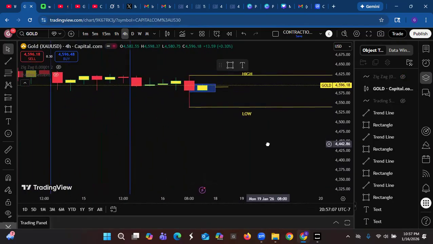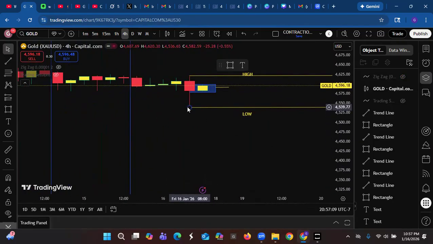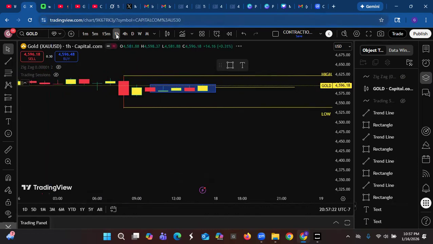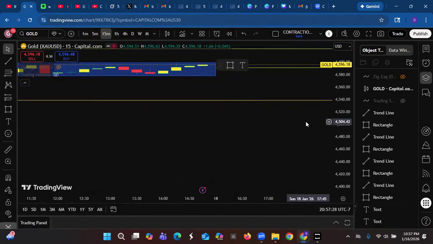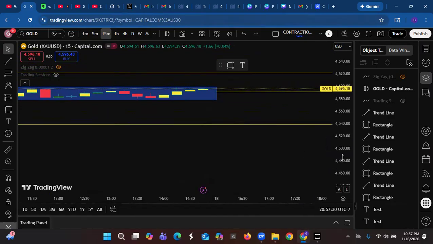You can look right here. It says Friday, January 16th. That's today, the close. I marked out the highs and the lows on the 4 hour. Then you just break it down. Once the market starts moving, you're going to go down to the 1 hour and then down to the 15 minute. And you would use the 1 minute to 5 minute to find your entry.